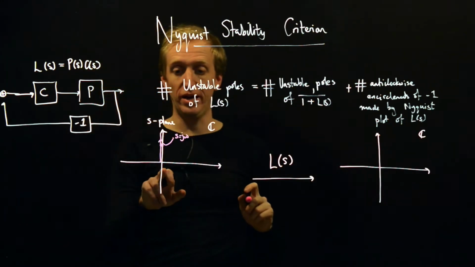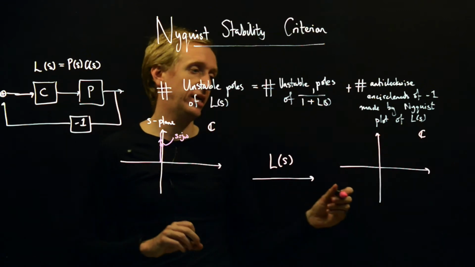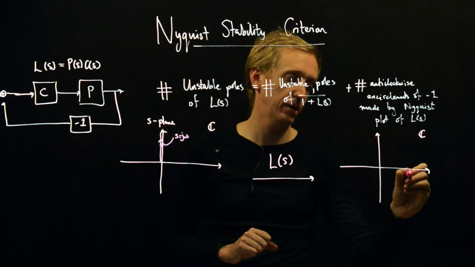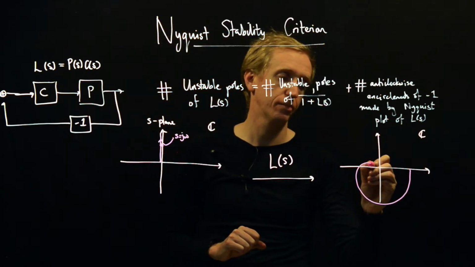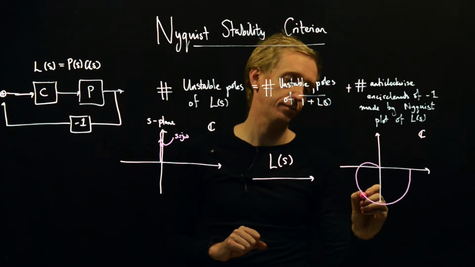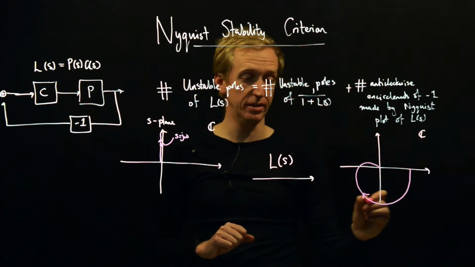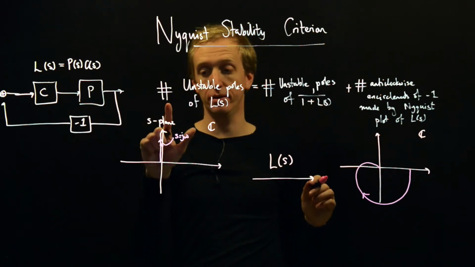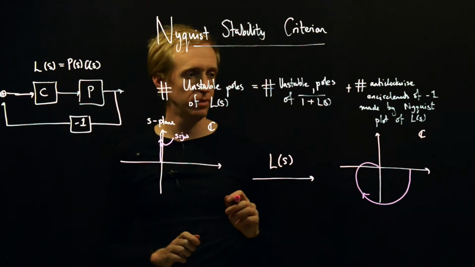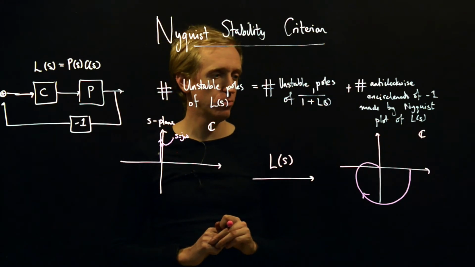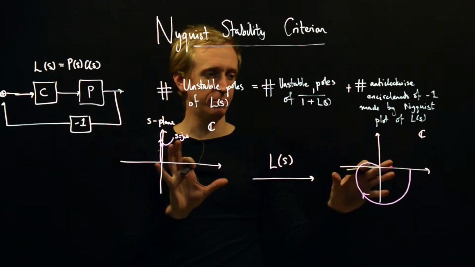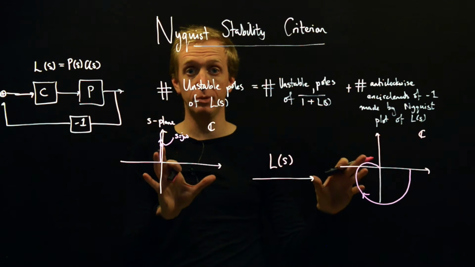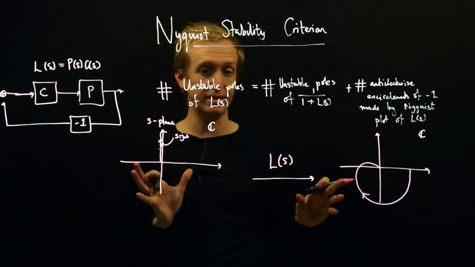So we have this input curve and we get some output curve, and it might typically look something like this. So this is L of j omega when we input this curve here. So that's good. We've started to build up the pieces that we need to apply the argument principle, but we're missing some bits.